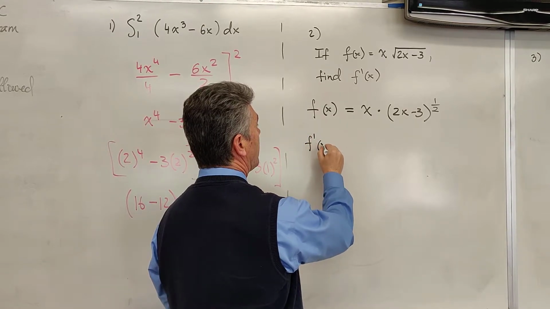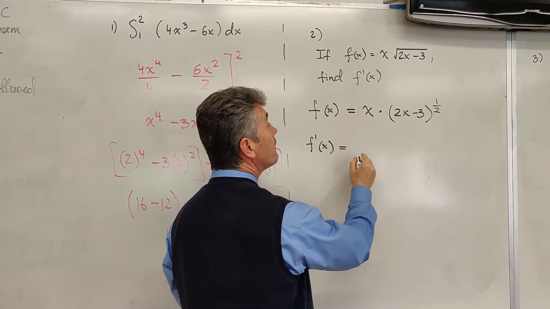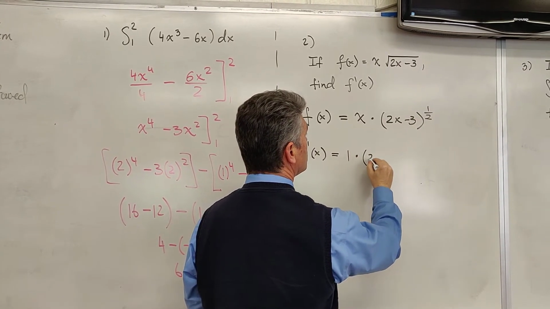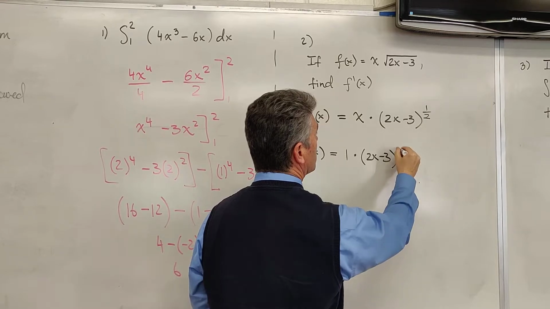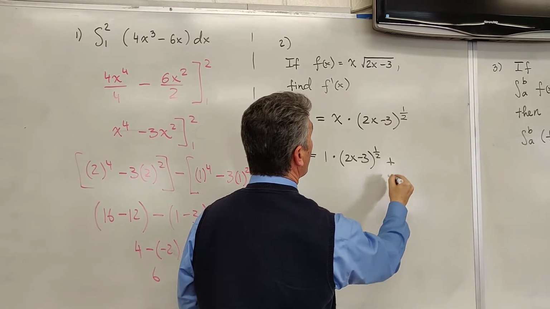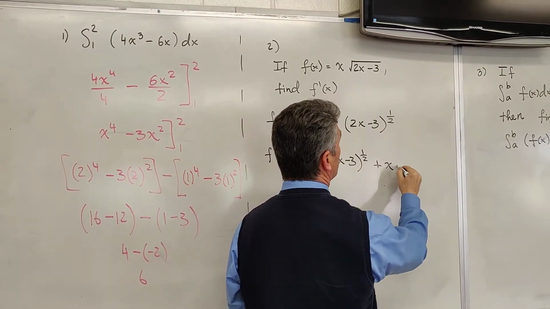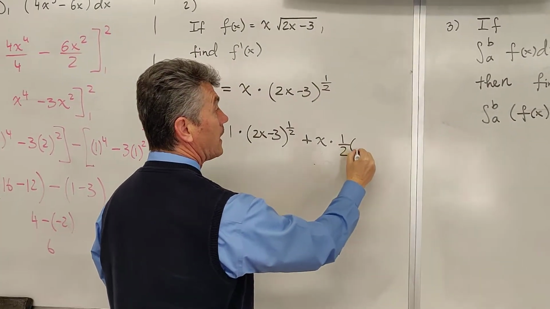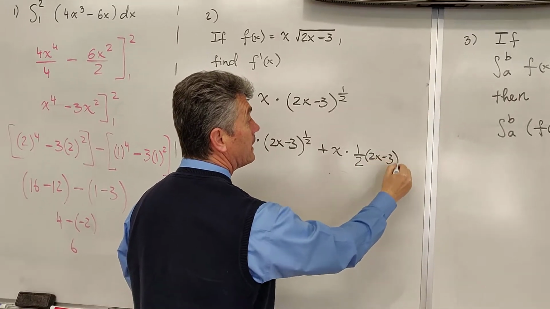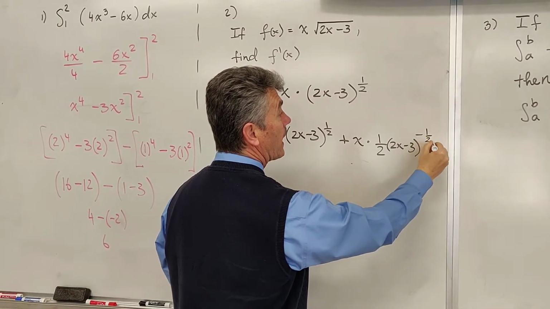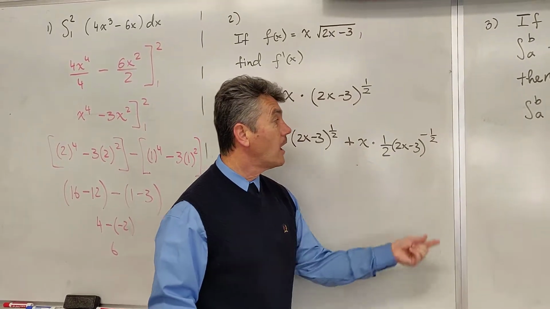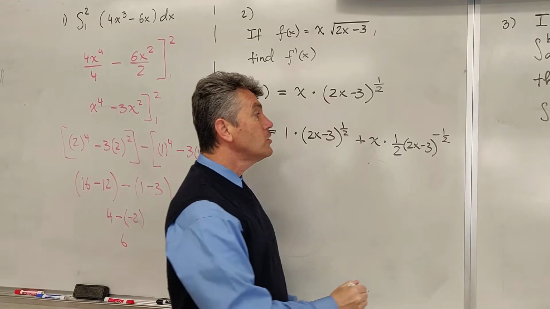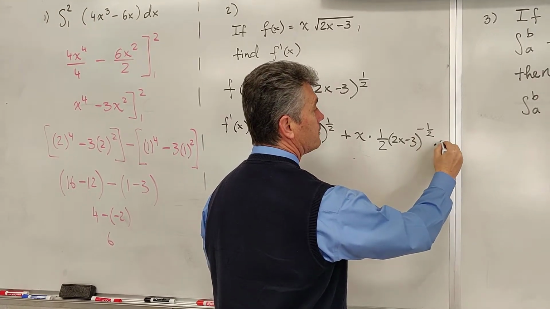F prime of x is equal to the derivative of the first, so the derivative of x times 2x minus 3 raised to the power of 1/2 plus the first times the derivative of the second, which is 1/2 times 2x minus 3 raised to the power of negative 1/2, and now times the derivative of the inside of the blob, which is just 2.